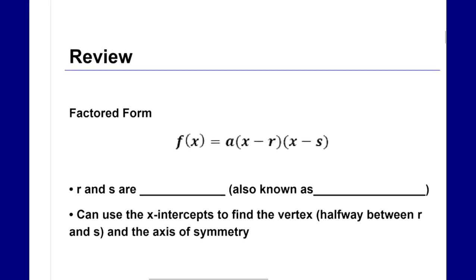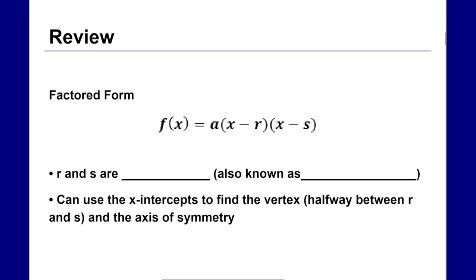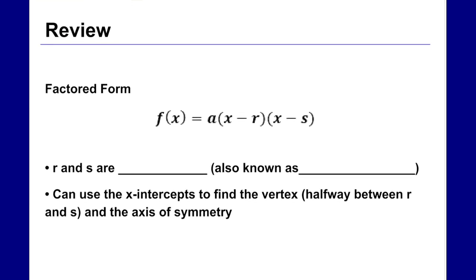So this will probably be a little bit of review from grade 10, just a little bit of review in general. The factored form of a quadratic is f of x is equal to a times x minus r times x minus s. And the key things here are your r and your s values. These are key because they are the x-intercepts.